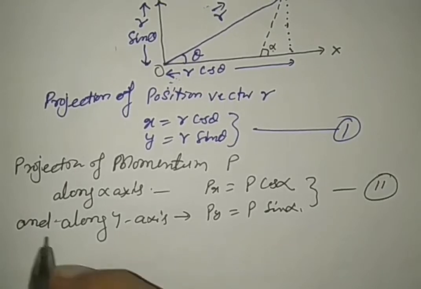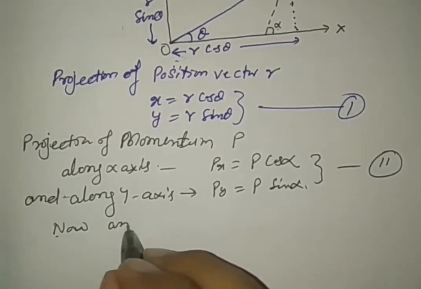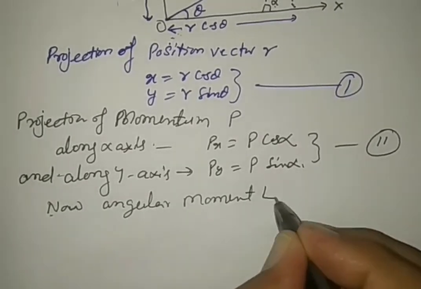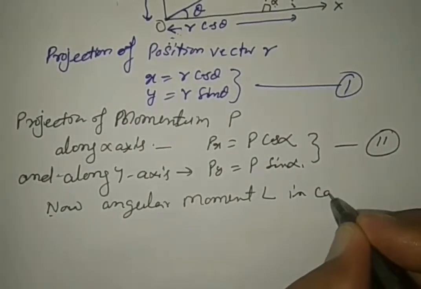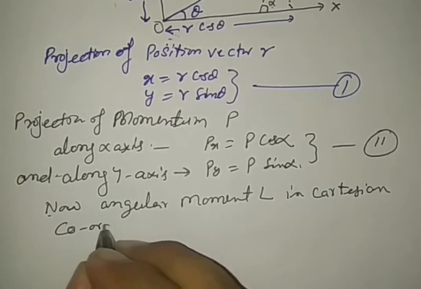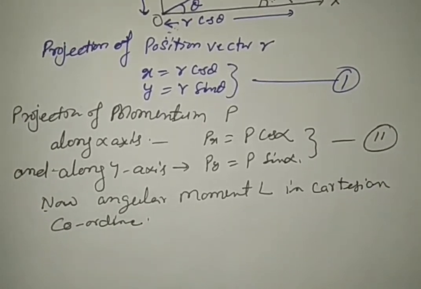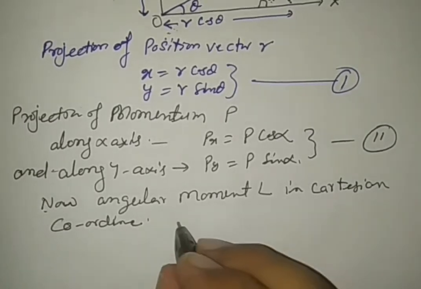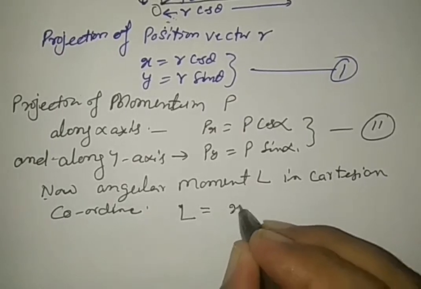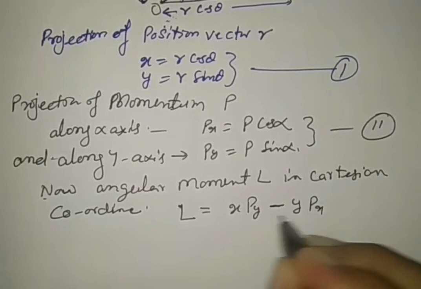Now see the angular momentum L in Cartesian coordinates, given by the formula: in Cartesian coordinates, L is equal to x py minus y px.